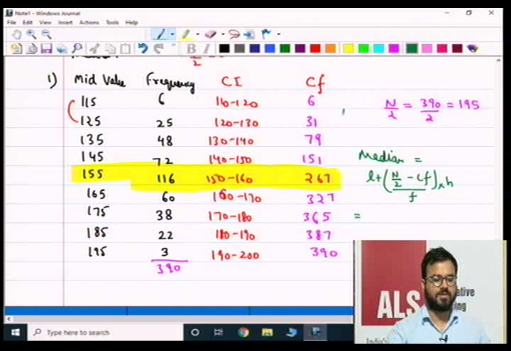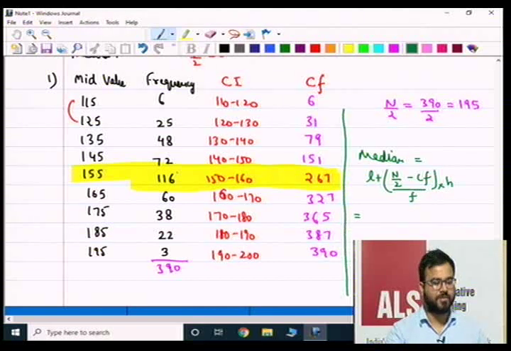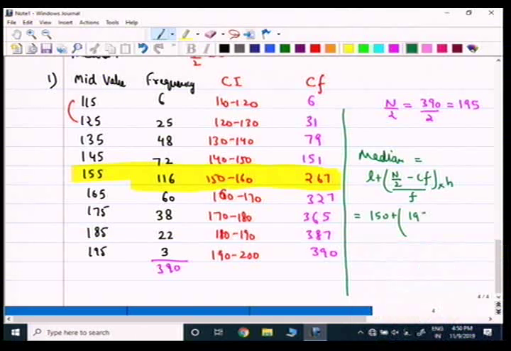L is the lower limit of the median class. So the lower limit of the median class is 150, plus n by 2 is 195, minus the cumulative frequency of the class just preceding the median class, that is 151, divided by the frequency of the median class, 116, and the class size, which is 10.